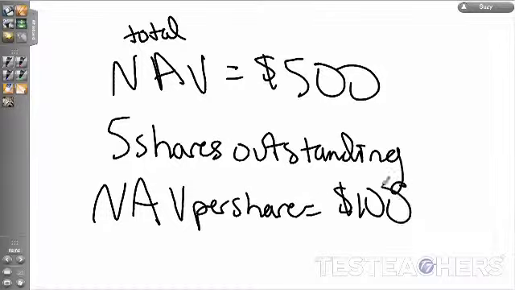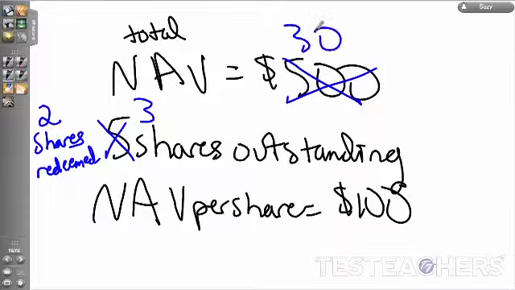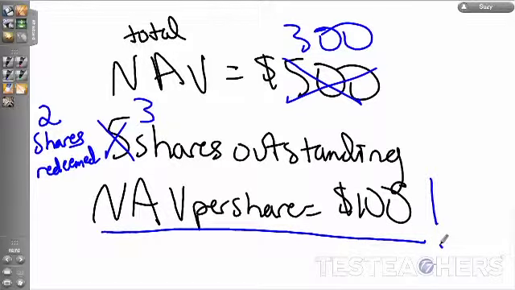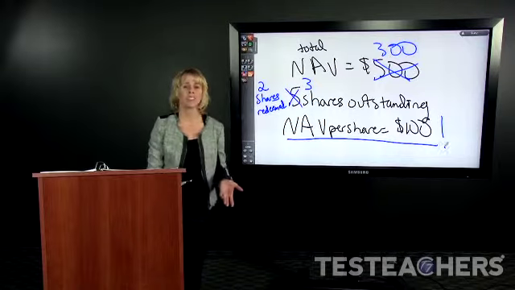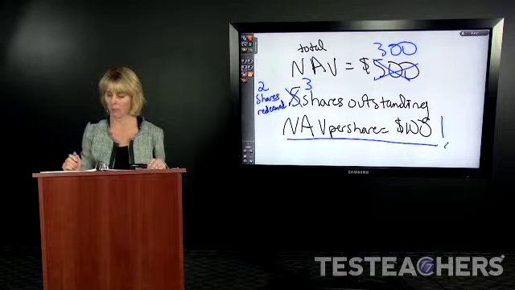Let's say that 2 shares are redeemed. Now how many shares do we have outstanding? 3. The 2 shares are redeemed at NAV per share, so they got $200, which leaves $300 for total NAV. What happened to NAV per share? Nothing. It stayed the same. So that was just a short story. It usually helps to illustrate the principle if I give you a little bit of math behind it.